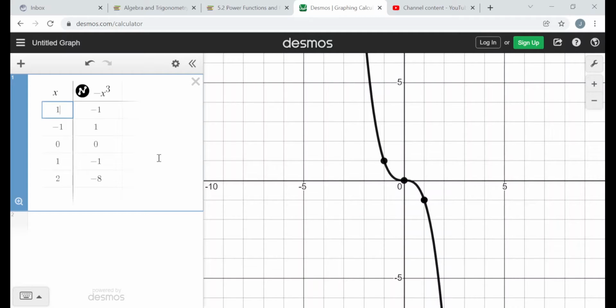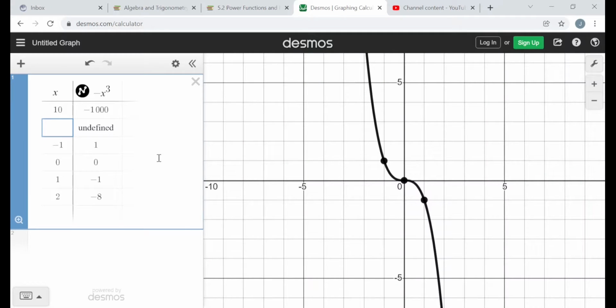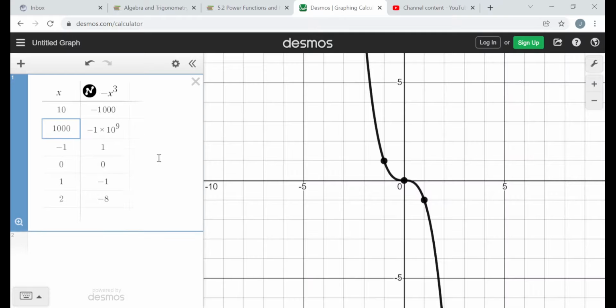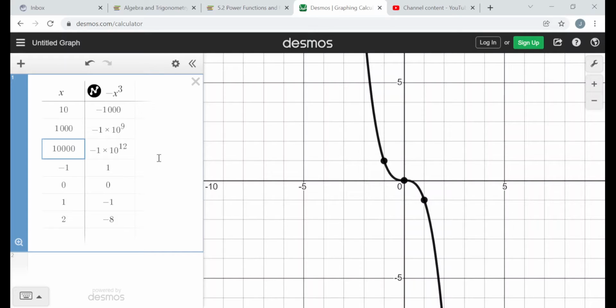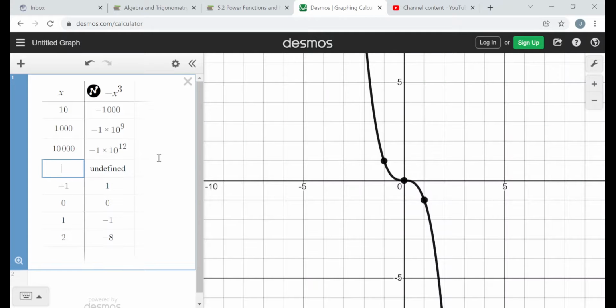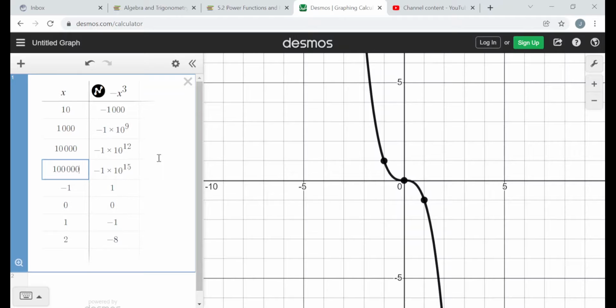So if I plug in 10, it's -1,000. If I plug in 100, it's -1 times 10 to the 9th, that'd be -1 billion. If I plug in 10,000, it's -1 trillion for the output. And 100,000, it's -1 quadrillion.